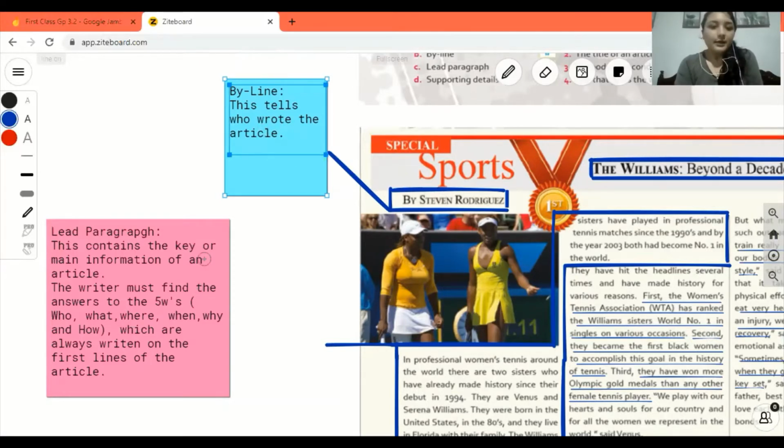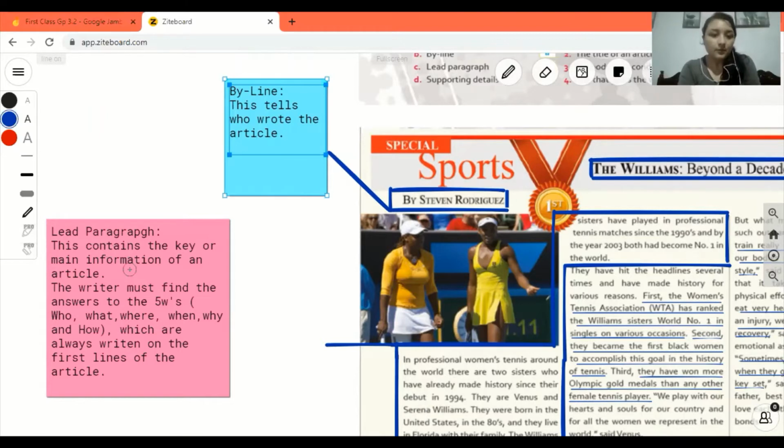The lead paragraph contains the key or main information of an article. The writer has to answer the 5W questions, which are who, what, where, when, why, and how.